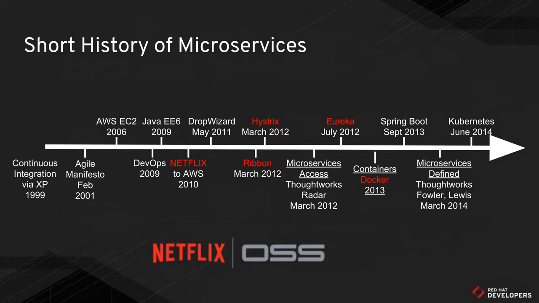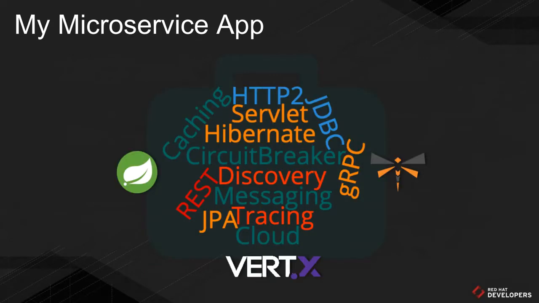So this is what my microservice app usually looks like. For example, I use caching, HTTP servlet, and then my framework of choice, Spring Boot or WildFly Swarm or Vert.x.